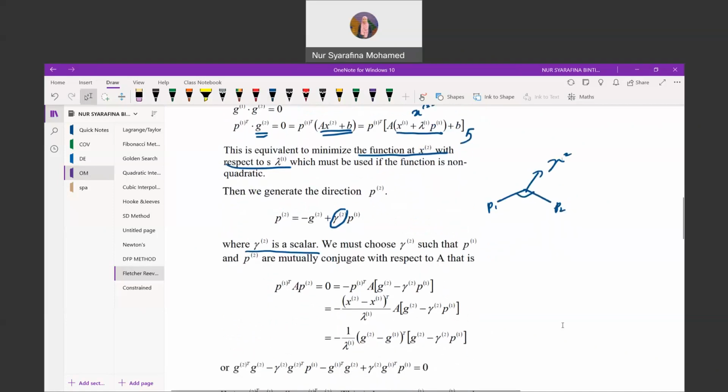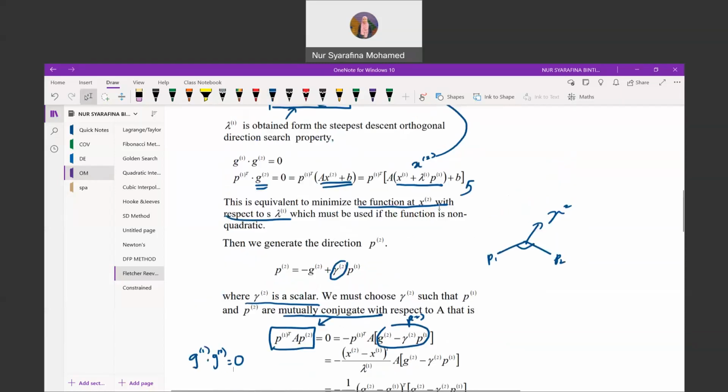That is P1 transpose times A P2 equals 0, which is equivalent to minus P1 transpose A G2 minus gamma 2 P1. So this is actually P2, right? This one is the conjugate characteristic, where just like above, we have G1, G2 equals 0.